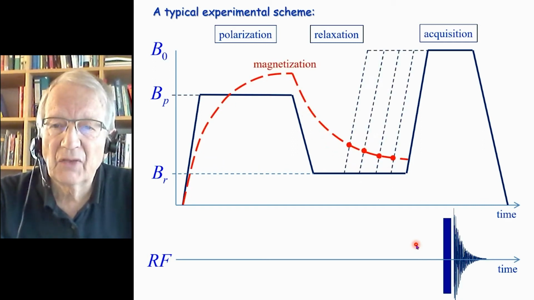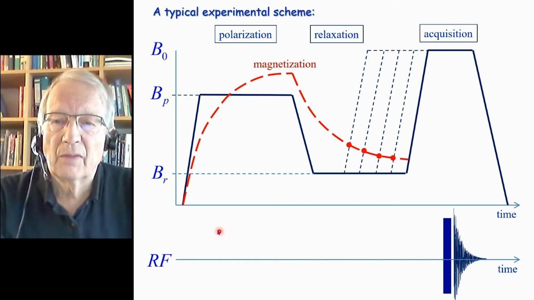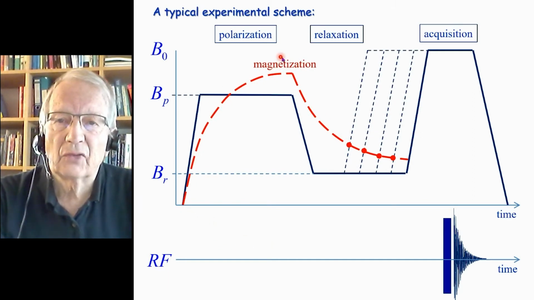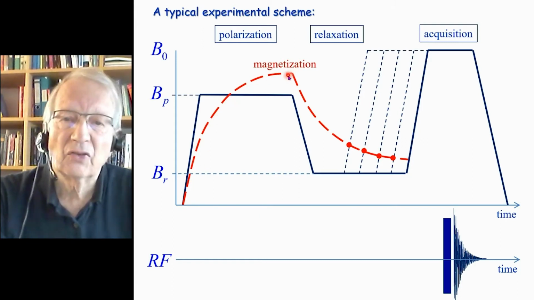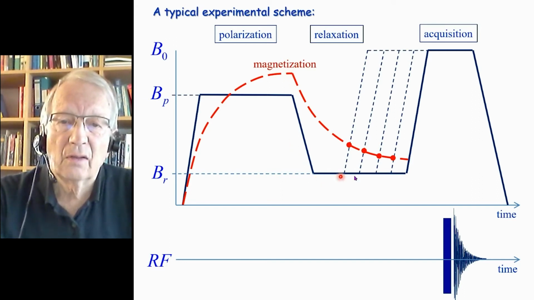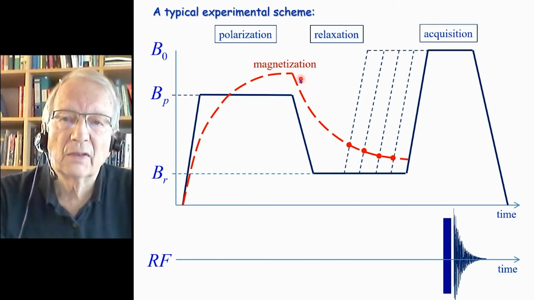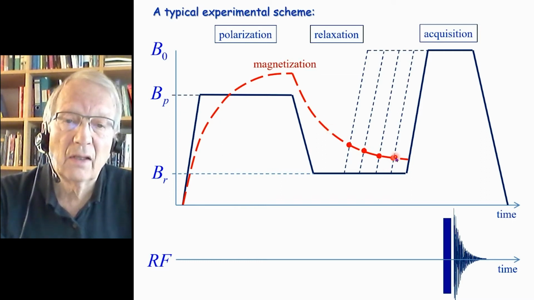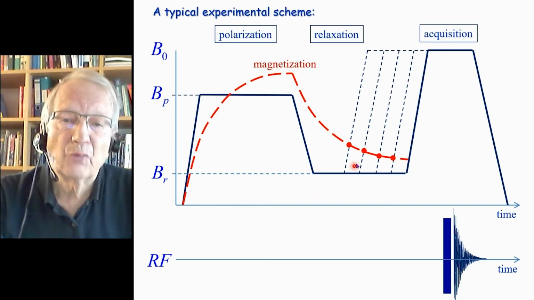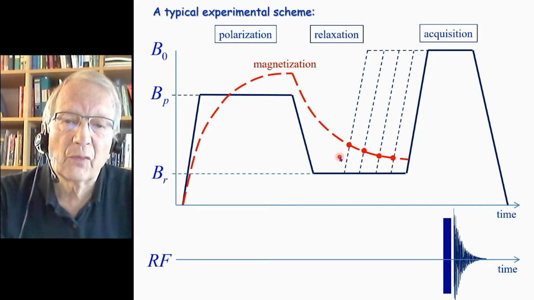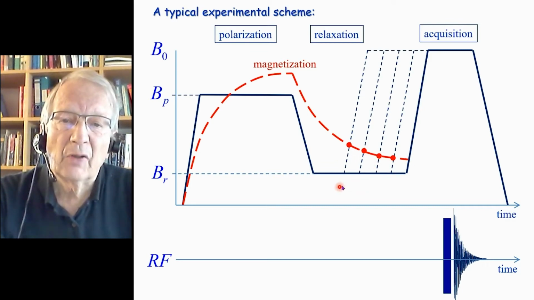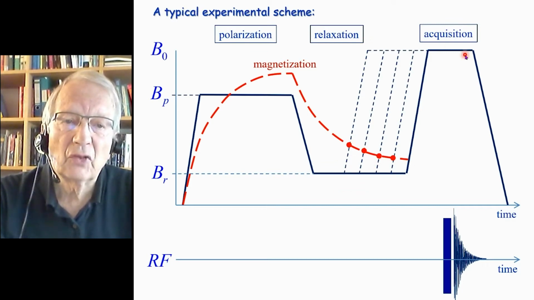Now the magnetization will develop as shown here. First, during the polarization field, we will reach a high magnetization. And then in the lower relaxation field, the magnetization will decay, and we can probe this relaxation curve point by point by switching up to the acquisition field and detecting the signal.